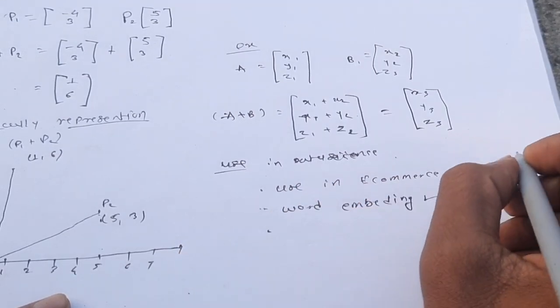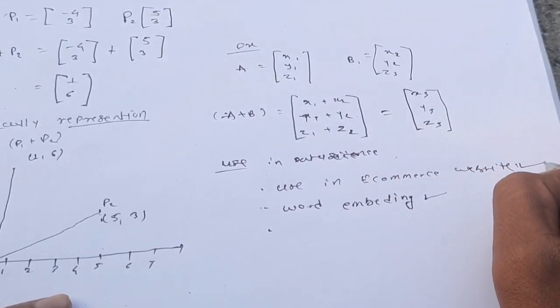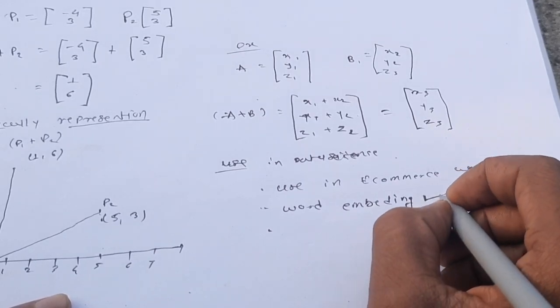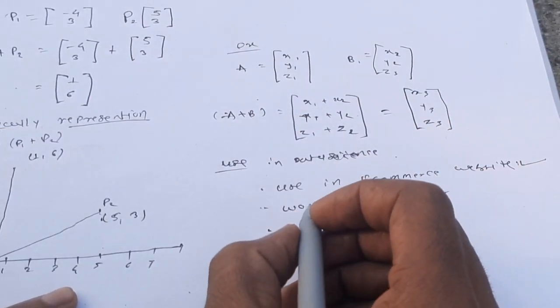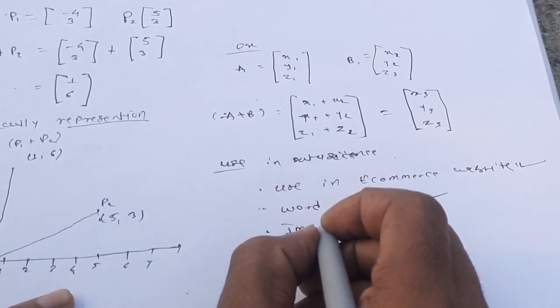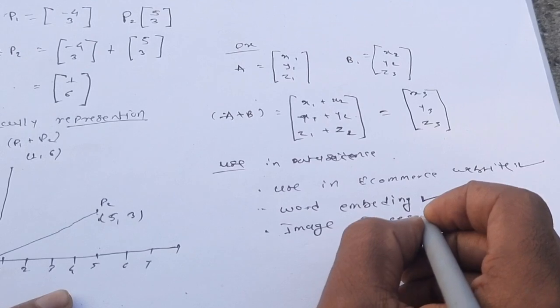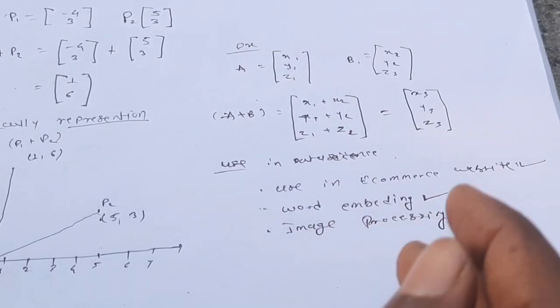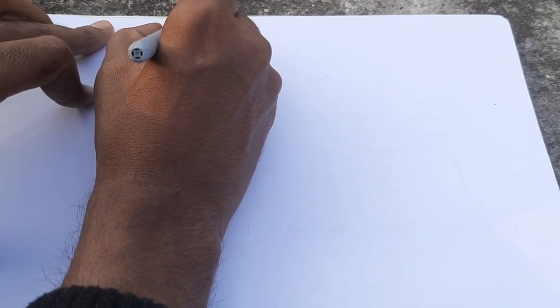I hope you understand what an e-commerce website is. What is word embedding? We studied it in a previous video. And image processing is a part of NLP. Now let's talk about the multiplication of vectors.